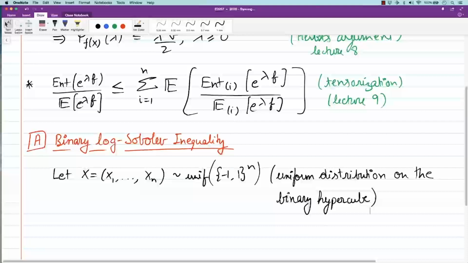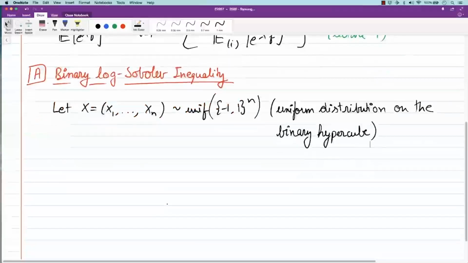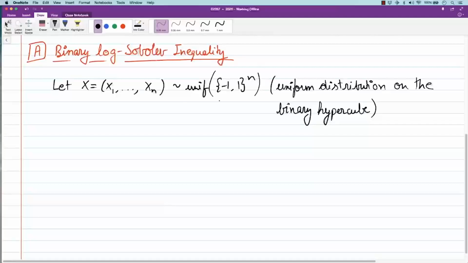In particular, X1 to Xn are independent, and they're all Rademacher. Next, let f be a function on this binary hypercube, a function from {-1, 1}^n to R.